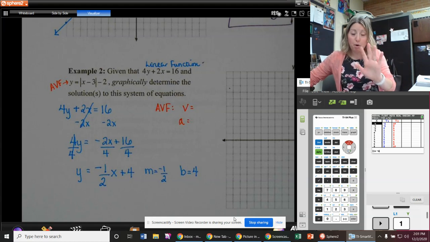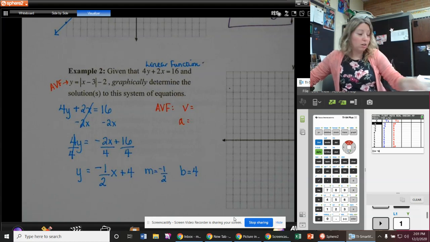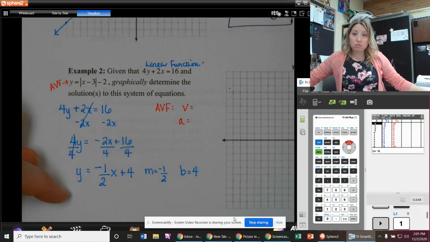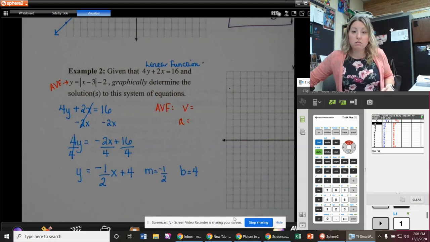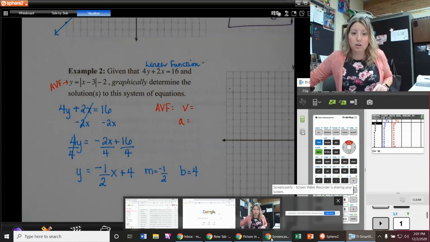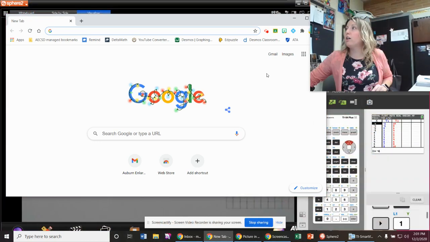Stop what you're doing. Pause the video. Graph these, and let's see how many answers there are, how many intersection points there are. And then unpause and we'll check our answers together. I'm going to do this too. You're going to do this on your own. Pause, do this on your own, and then we'll come back and check our answers.